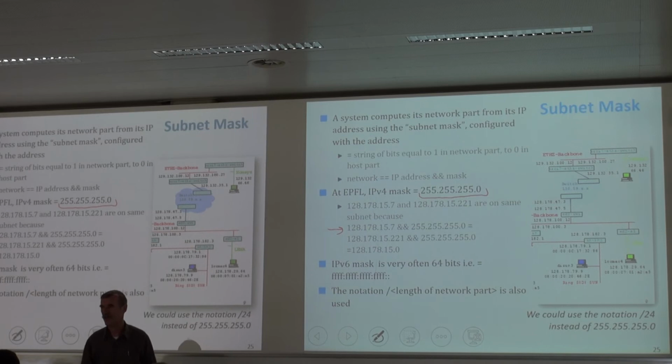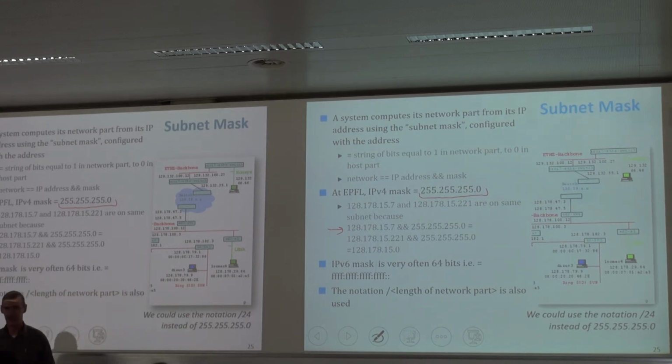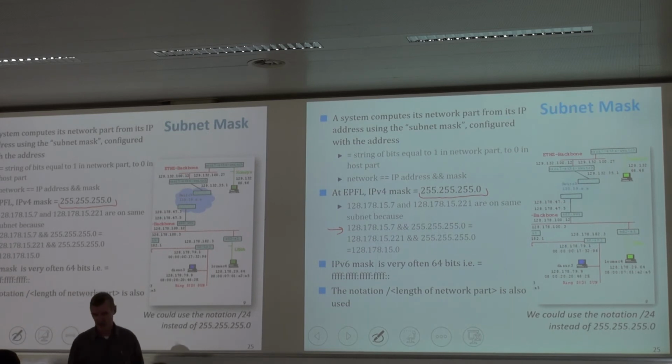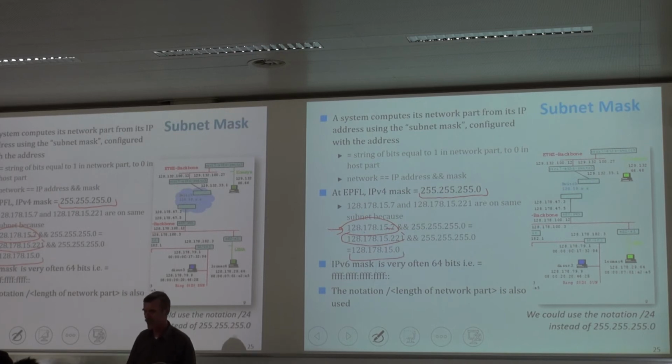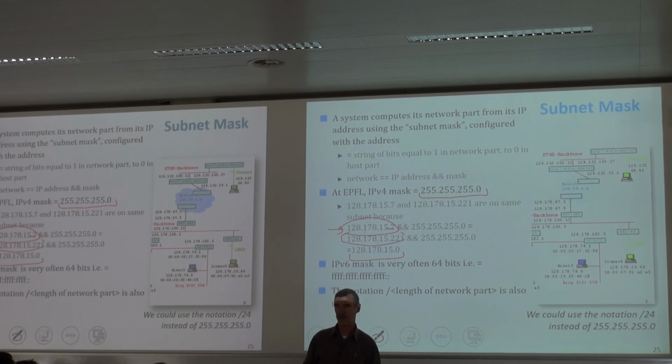Bitwise AND means 1 and 1 is 1, 1 and 0 is 0, and anything and 0 is 0. So when you apply the mask to those two addresses, you obtain this. They have the same result of applying the mask. Therefore, if the addresses are correctly given, they are on the same local area network.